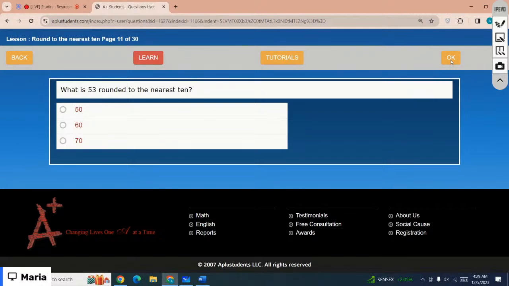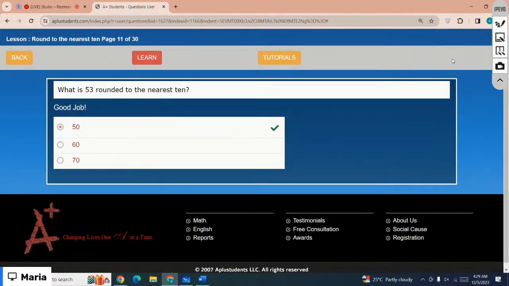What is 53 rounded to the nearest 10? 53 is rounded off to. Yes, the correct option is 50. 53 is rounded off to 50. The correct option is 50.